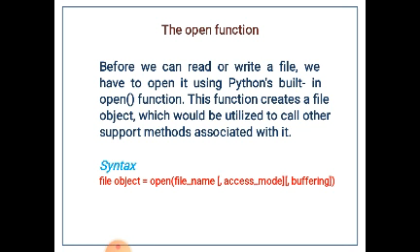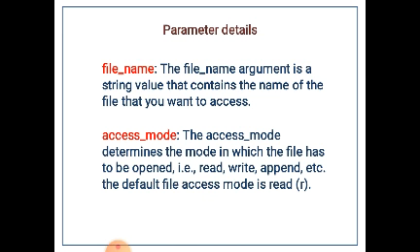Then the buffering state. So what do the things in the syntax describe? The file name argument is a string value that contains the name of the file that we want to access.